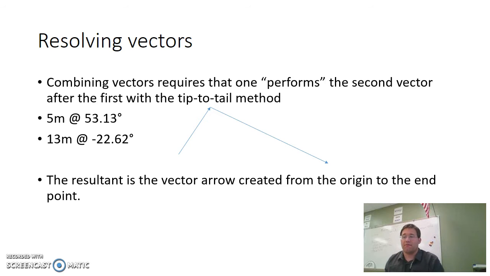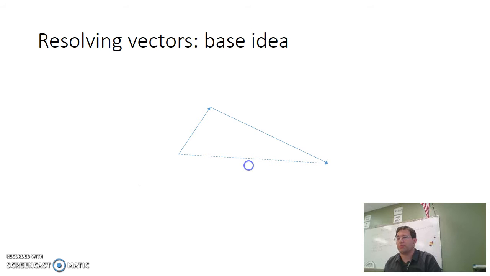It's a vector that is created going from the beginning to the end of wherever you started from and ended up at. This is most easily seen with things like displacement, but works equally as well for velocity, acceleration, forces, any other vectors. And so this dashed arrow here represents the resultant vector, the result of our vector combination.